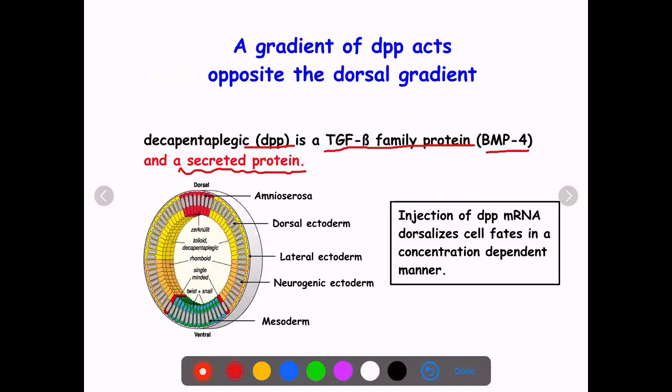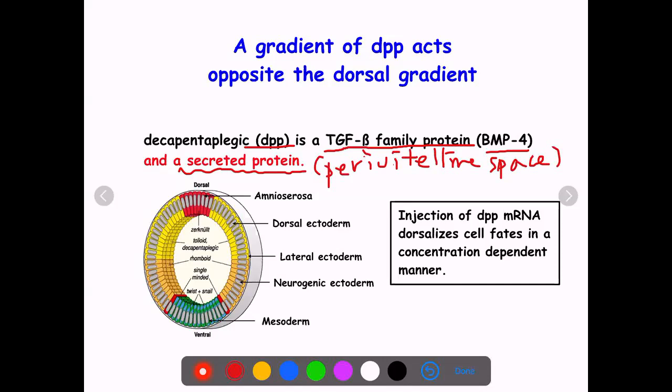So this secreted protein will be secreted out, and then probably they will be going into the perivitelline space. Okay, right. And then I think there will be a spread over.